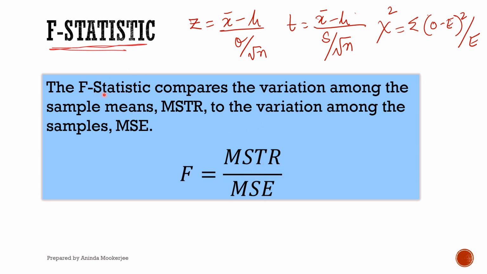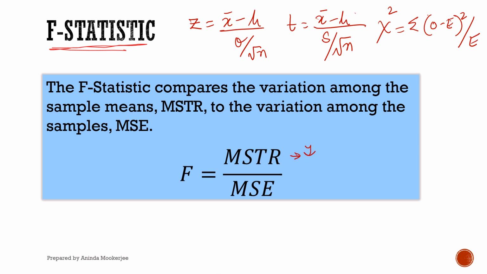So it says here the F statistic compares the variation among the sample means, called MSTR, to the variation among the samples, MSE. Now, MSTR stands for treatment mean square.